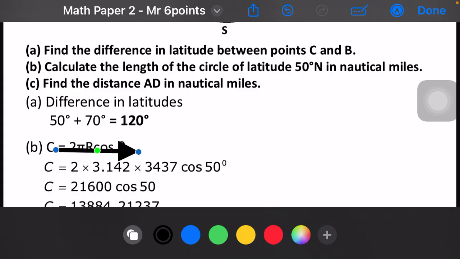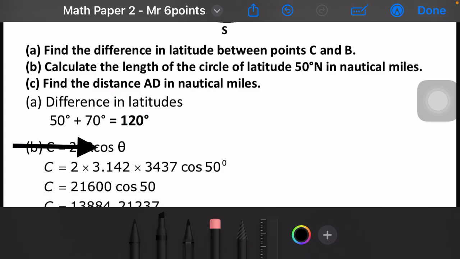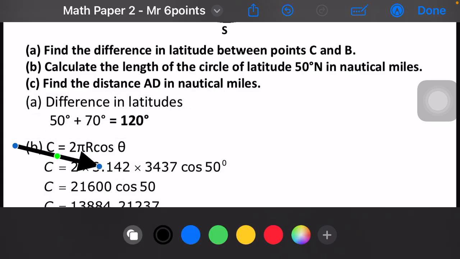That's where this 50 has come from. Then these two, 34, 37, you have been given in the question I showed you there, and the same applies to the pi. You will always be given the pi. Then after you have substituted, you simply simplify these calculations which are here.